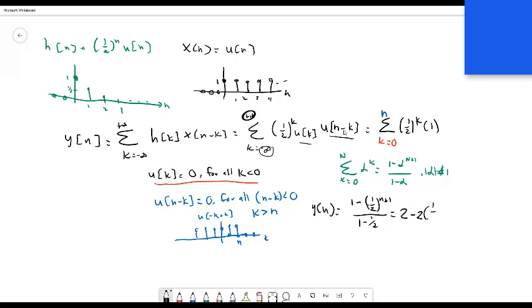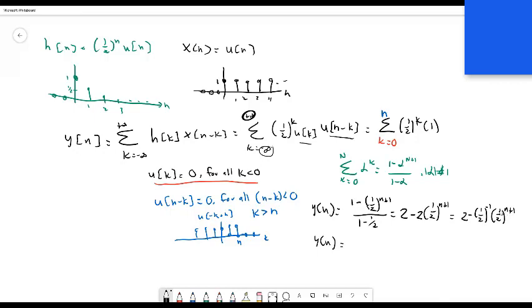And let me rewrite that 2 as 1/2 to the minus 1, so that I can cancel out this n plus 1.